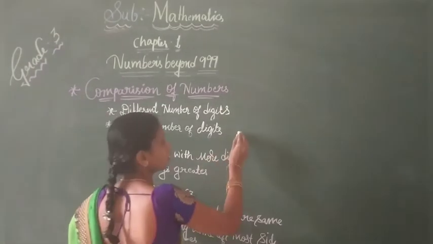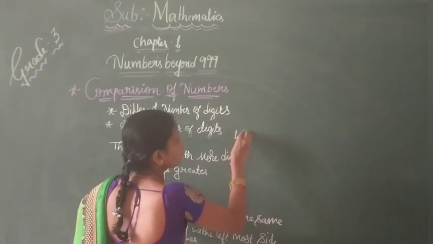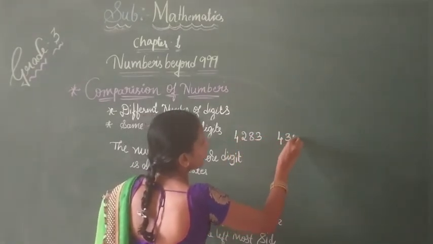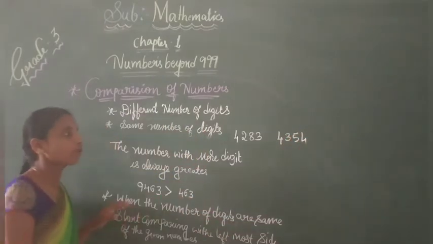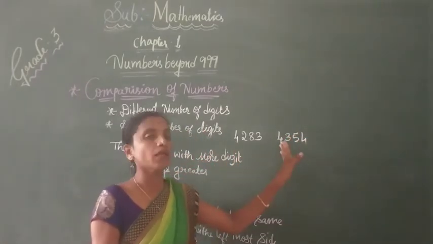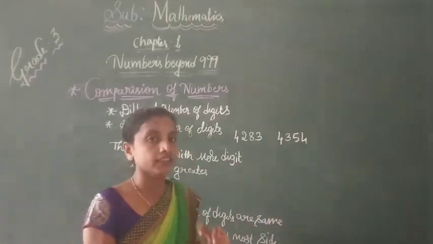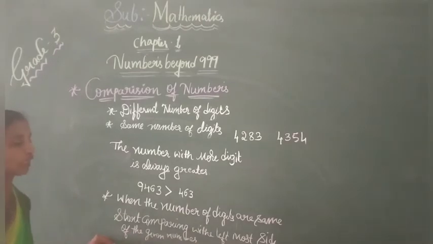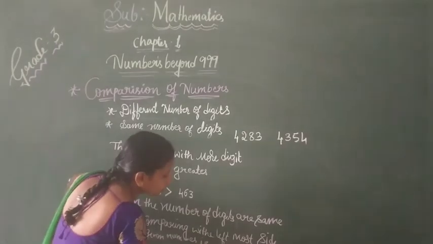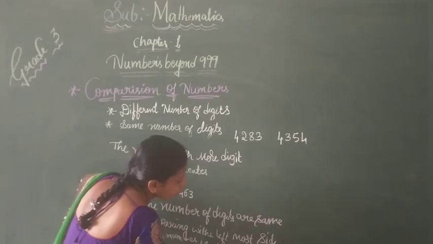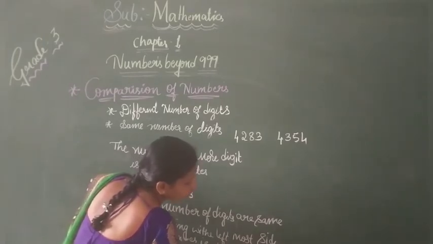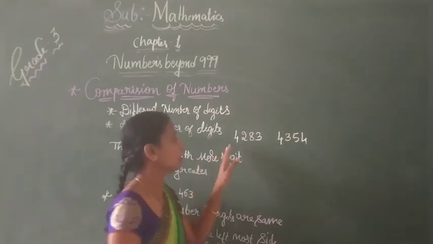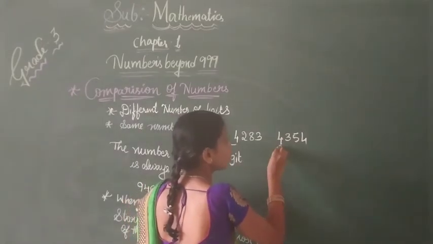Look here, I will show an example: 4283 and 4354. How do you compare? Here the thousands place has the same number, so start comparing from the leftmost side, that means from the thousands place. In the thousands place here is 4 and here is 4.